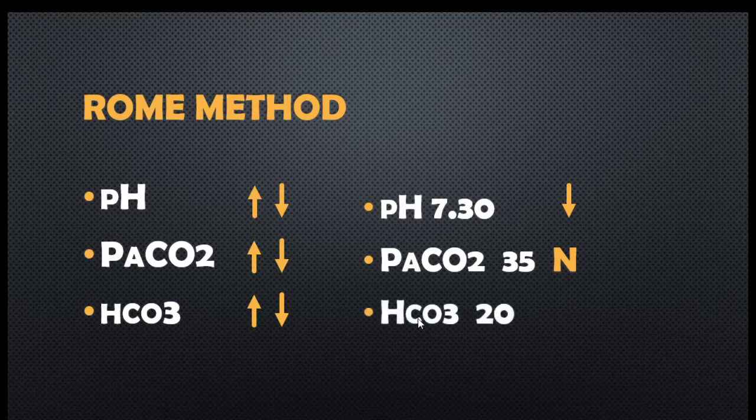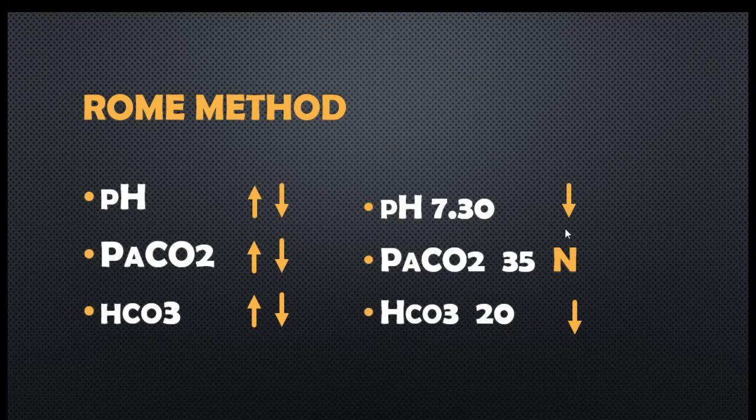Next, we have your bicarbonate level, 20. The normal value is 22 to 26. So your 20 here, is this increasing or decreasing? This is decreasing. Because the arrows are the same, we will analyze this ABG result as metabolic. Acid or base?